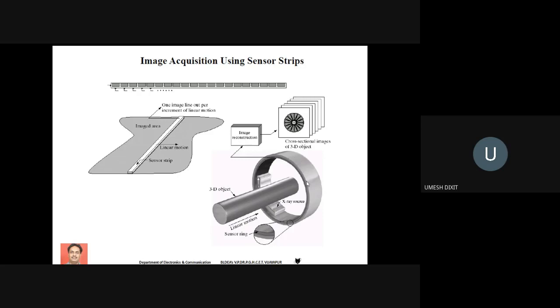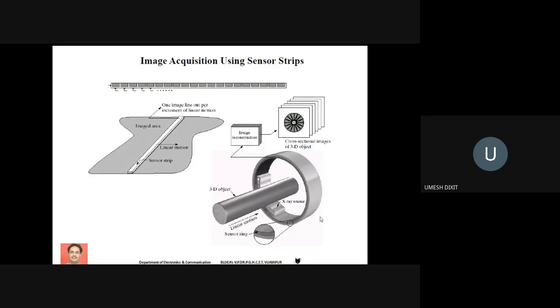It consists of a rotating X-ray source, and exactly opposite to this X-ray source, the sensors are going to be fixed. So whenever you want to obtain an image of any object, the X-ray source is made to pass through the object.